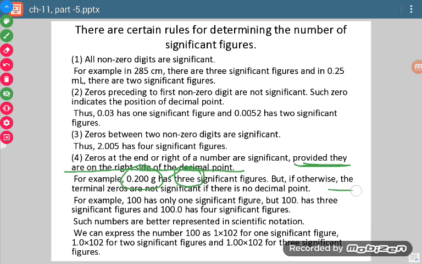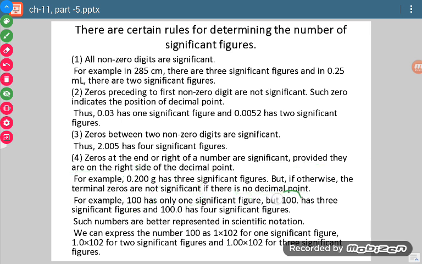But otherwise terminal zeros are not significant if there is no decimal point. This is a very important thing to remember. Just like see, 100 has only one significant figure. Why? Because zeros are on the right and there is no decimal, so there will be only one significant figure.